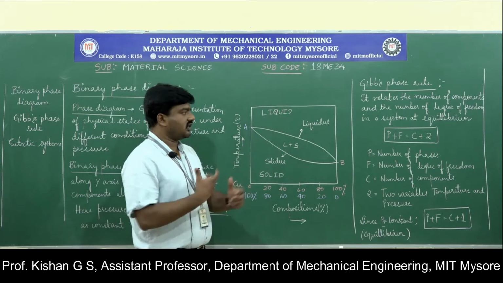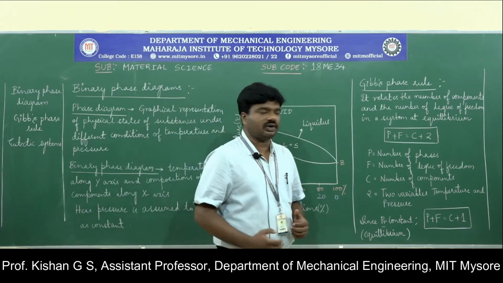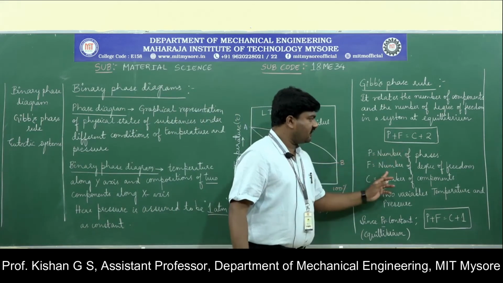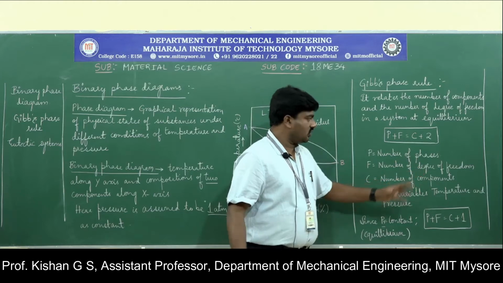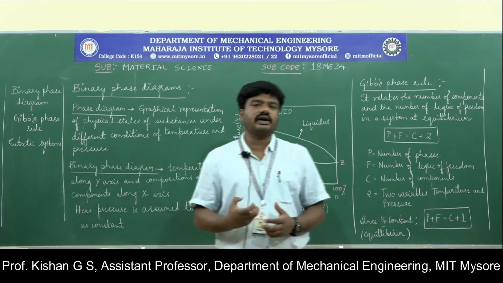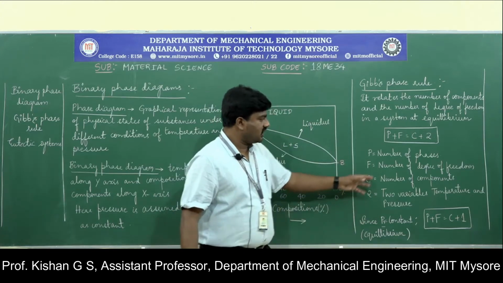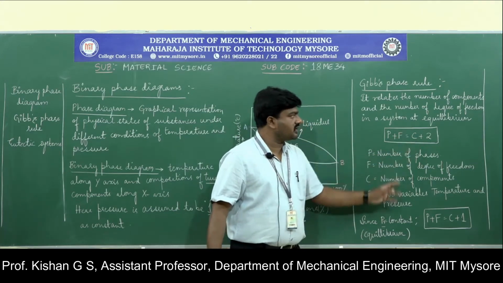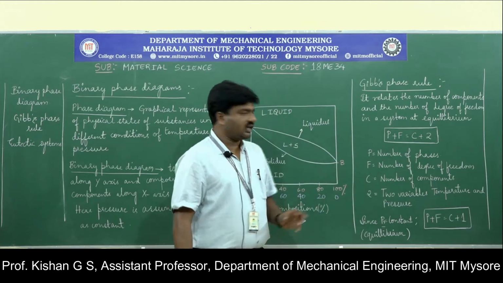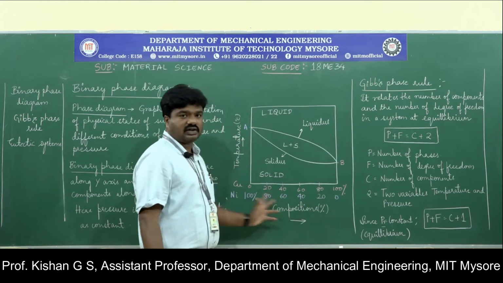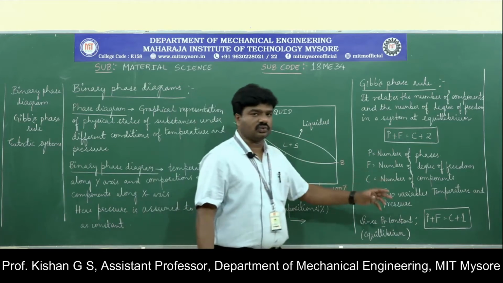That is where the number of phases is taken into account. Next comes F. F is the degrees of freedom, that is, to what extent the material gets converted from one state to another. Next comes C, the number of components at equilibrium. Here we have two components in this diagram, so we can take C is equal to 2.